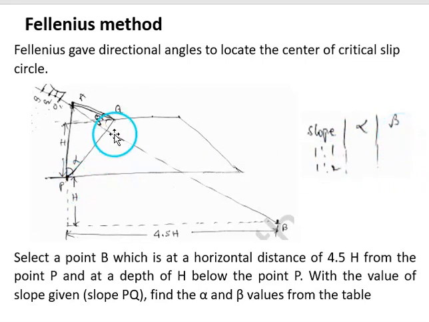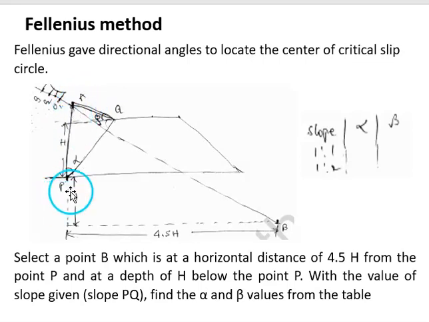So depending on the slope of the embankment, we have to find the angles alpha and beta from the table. Then we have to draw a line with an angle alpha with the slope and another line with an angle beta with horizontal. These two lines will intersect at a point, say point A.